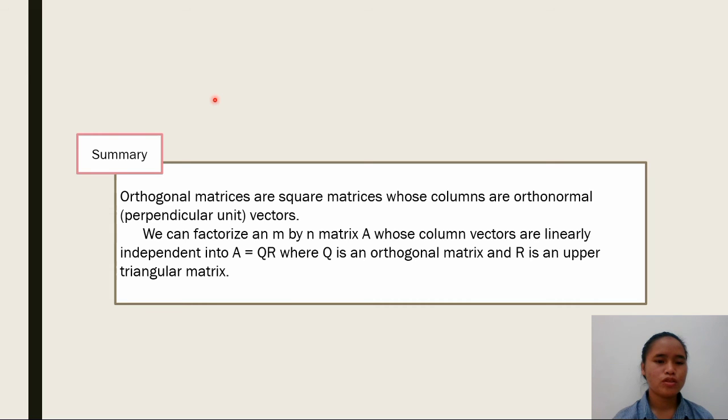Summary. Orthogonal matrices are square matrices whose columns are orthonormal, perpendicular unit vectors. We can factorize an m by n matrix whose column vectors are independent into A equals QR.